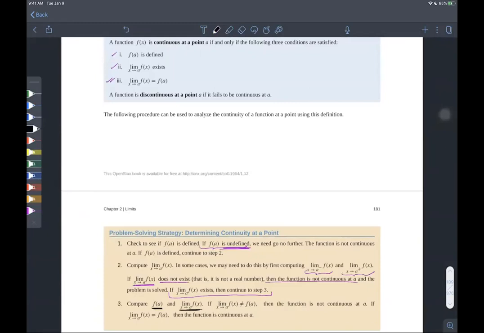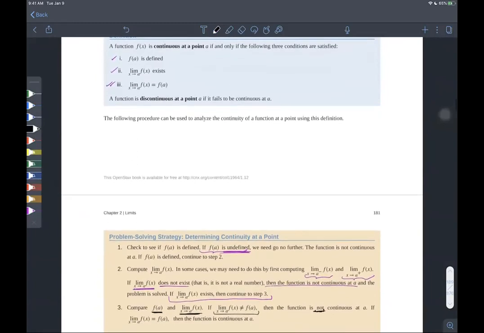If these two values are not equal, then the function is not continuous at A. If the limit as x approaches A of f of x is equal to f of A, then the function is continuous at A. Right, so just a kind of a problem-solving strategy. The main one that we're looking for is that this is satisfied, because if that third requirement is satisfied, then of course the limit must exist and be equal to f of A, right? But we're checking one at a time.